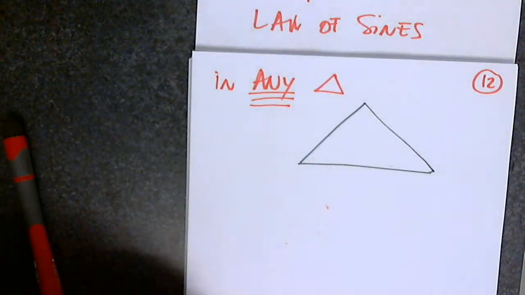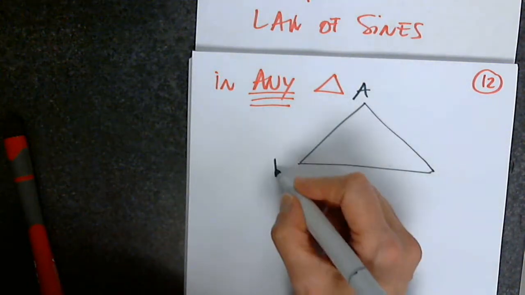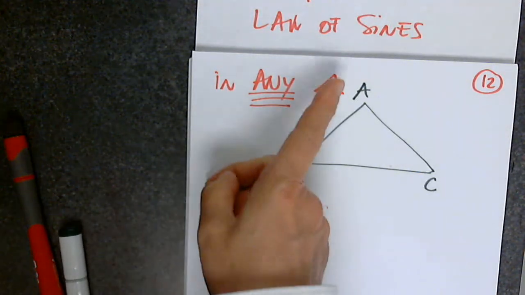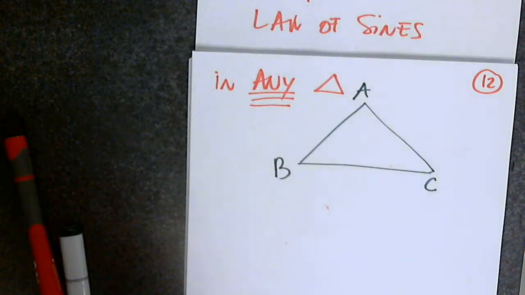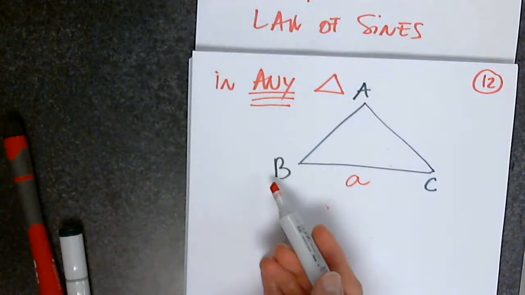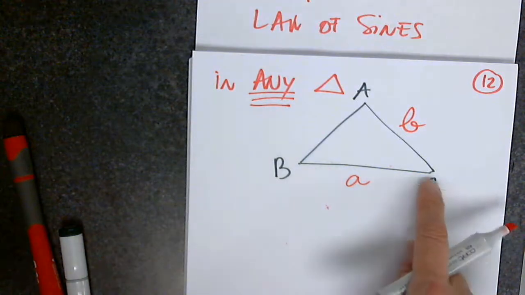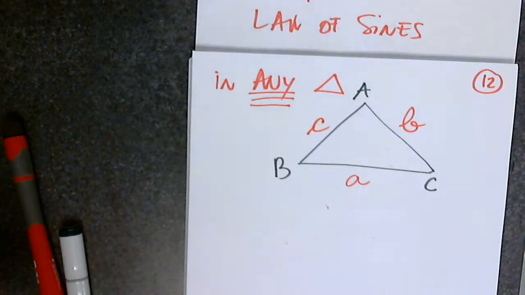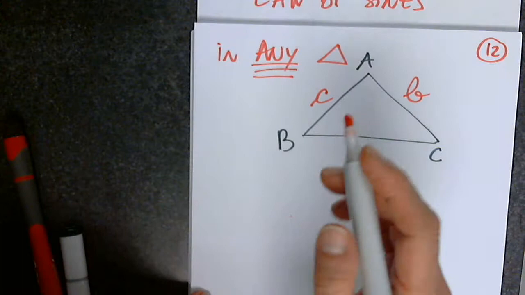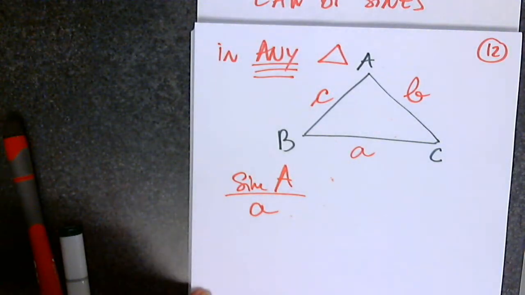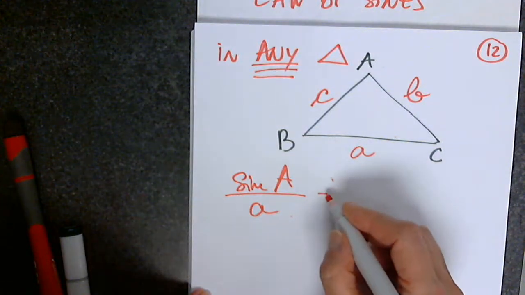I mentioned this a while back, that if you denote the vertices by A, B, and C, you must denote the sides accordingly. What do I mean by that? The opposite side of angle A must be denoted by lowercase a. The opposite side of angle B must be denoted by lowercase b, and the opposite of C must be denoted by lowercase c.